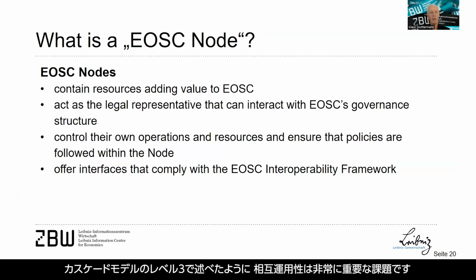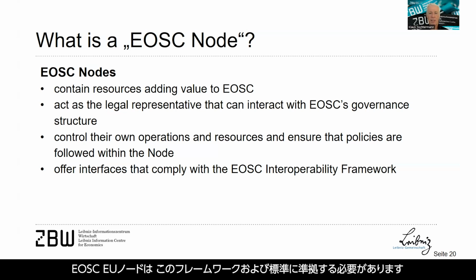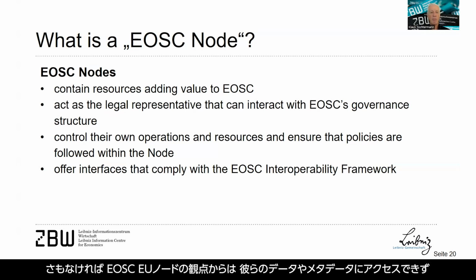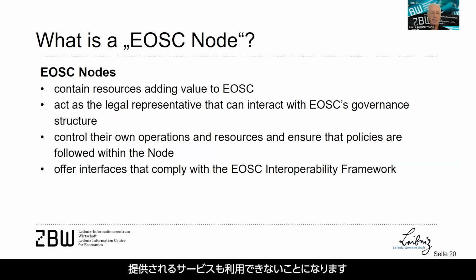I mentioned on level 3 of the cascaded model, interoperability is a huge issue. And the EOSC EU node must comply with these frameworks, with these standards, because otherwise, from the EOSC EU node perspective, we cannot access the data they have, we cannot access the metadata they have, we cannot use the services they offer.